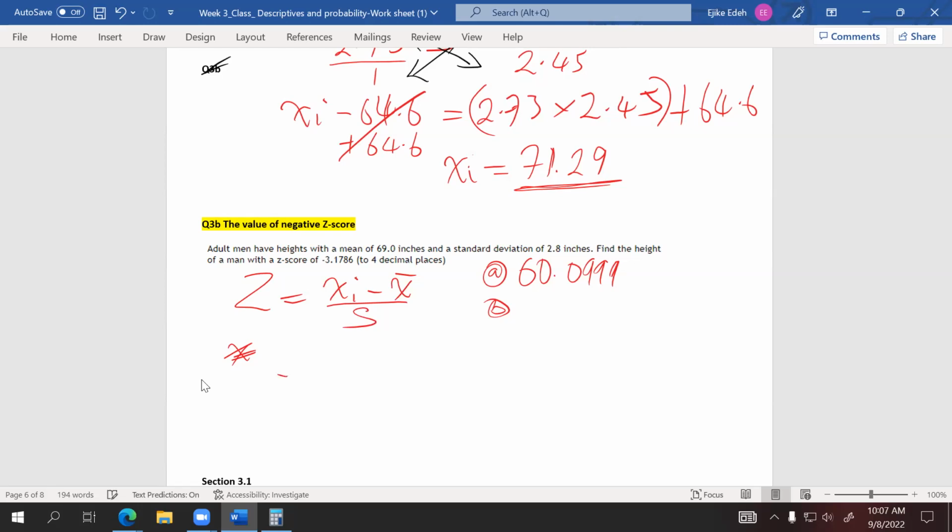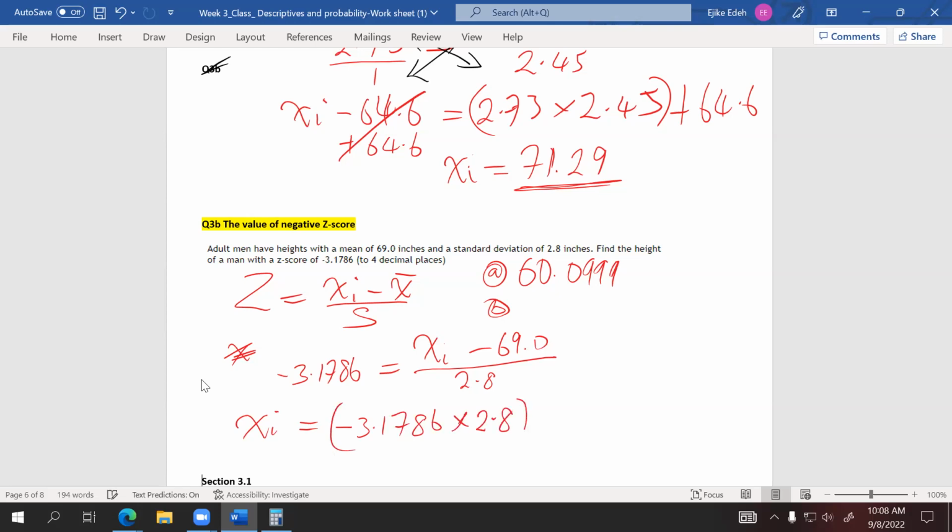And so we have z here to be negative 3.1786. And we are looking for this individual's height, but we know the mean to be 69.0. You know the standard deviation to be 2.8. So again, you do cross product, and that gives you that xi is equal to negative 3.1786 times 2.8, plus 69.